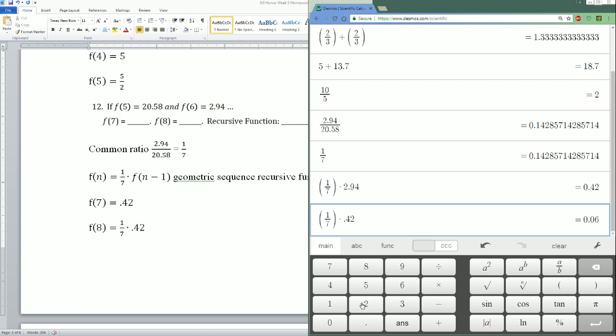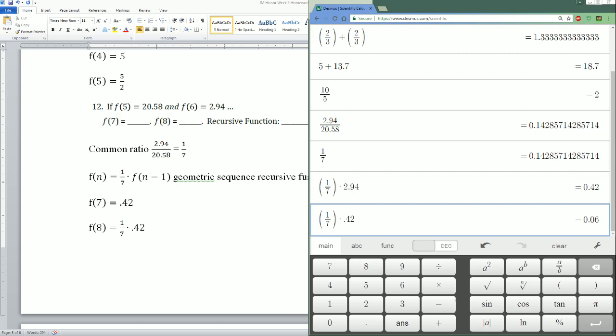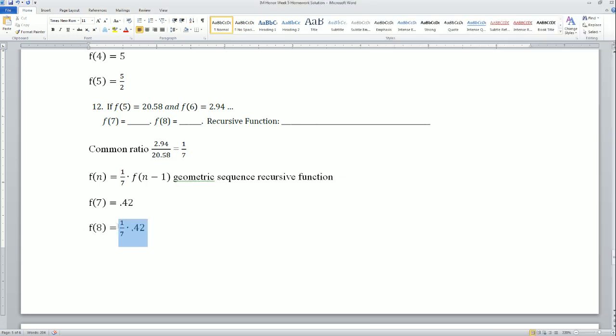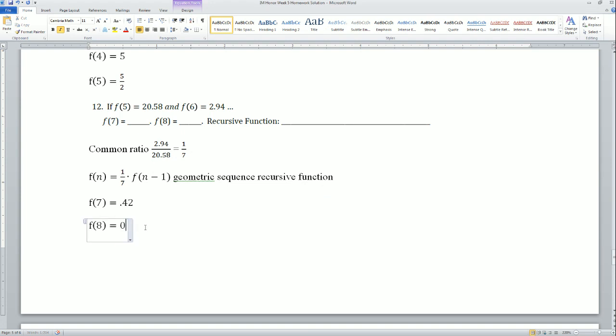Ooh, pretty. 0.06. So that is the function of 8. Okay, there you go. Make sure you make the substitution, then simplify the expression.